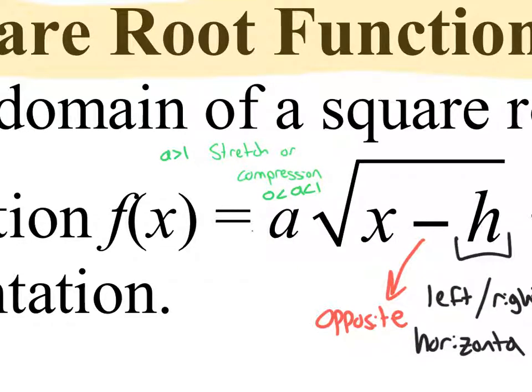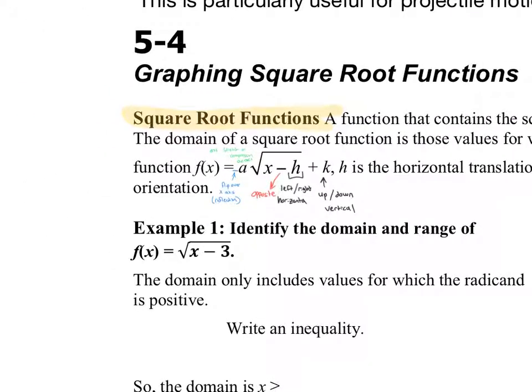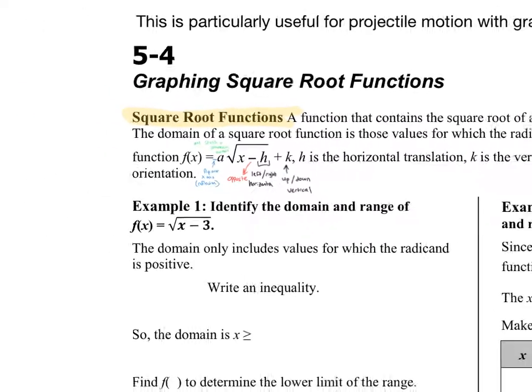And also, if there's a negative there, that's where you flip over the x-axis. It's called a reflection. I encourage you to think back to how we used these in chapter 2, because they're the exact same concepts that we'll use today. All right.